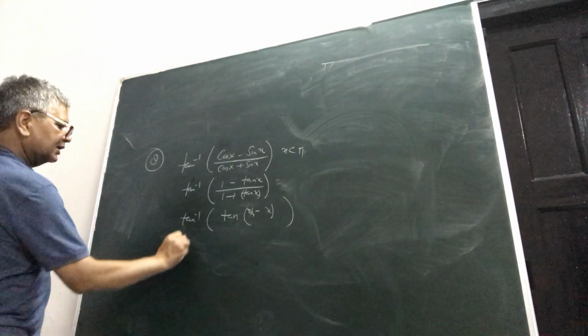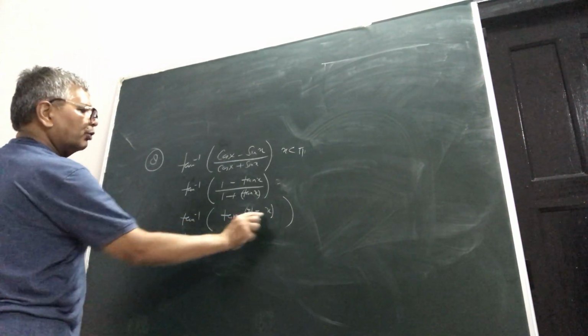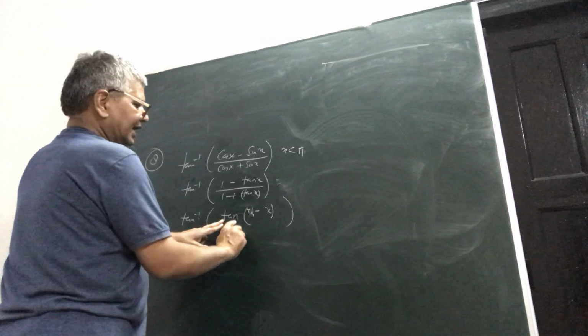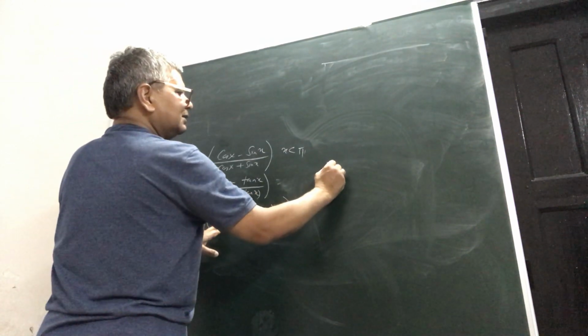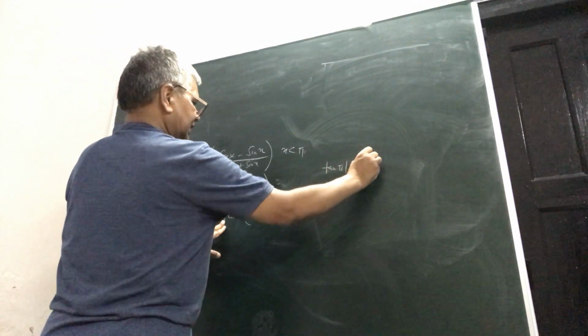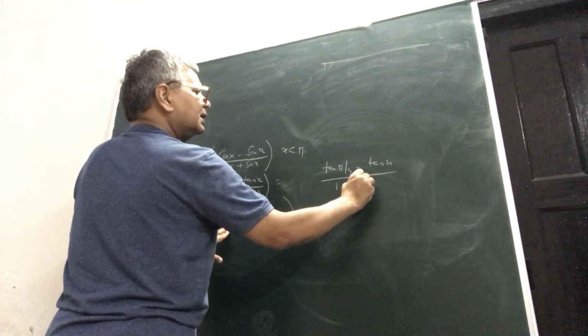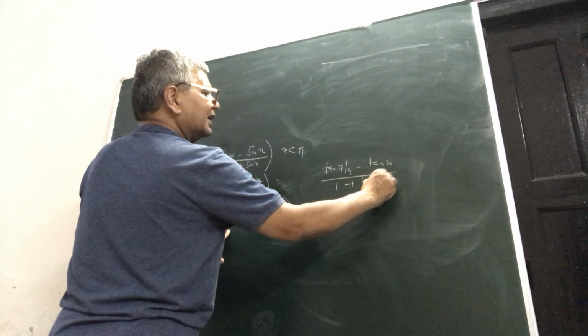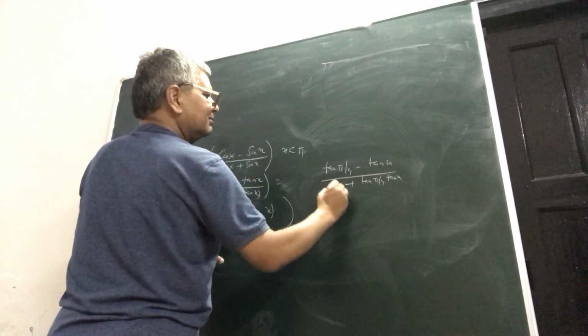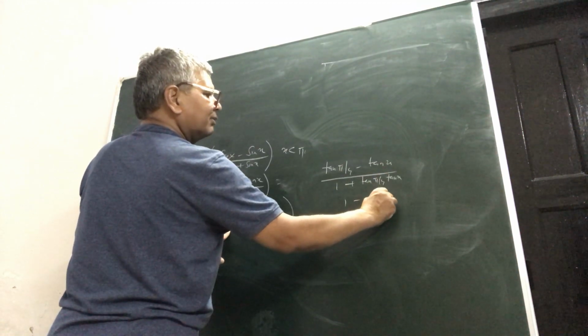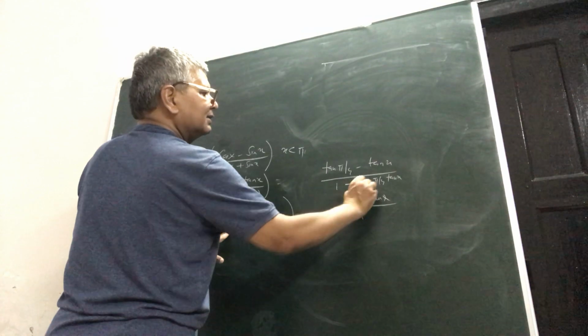Now see, if you open it, tan a minus b is tangent pi by 4 minus tan x upon 1 plus tangent pi by 4 into tan x. And this is nothing but 1 minus tan x upon 1 plus tan x, since tangent pi by 4 is 1.